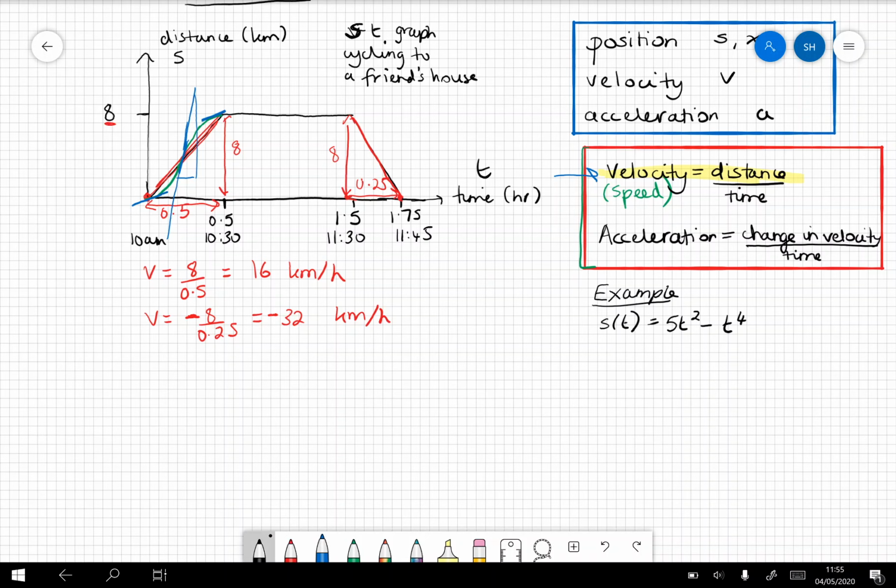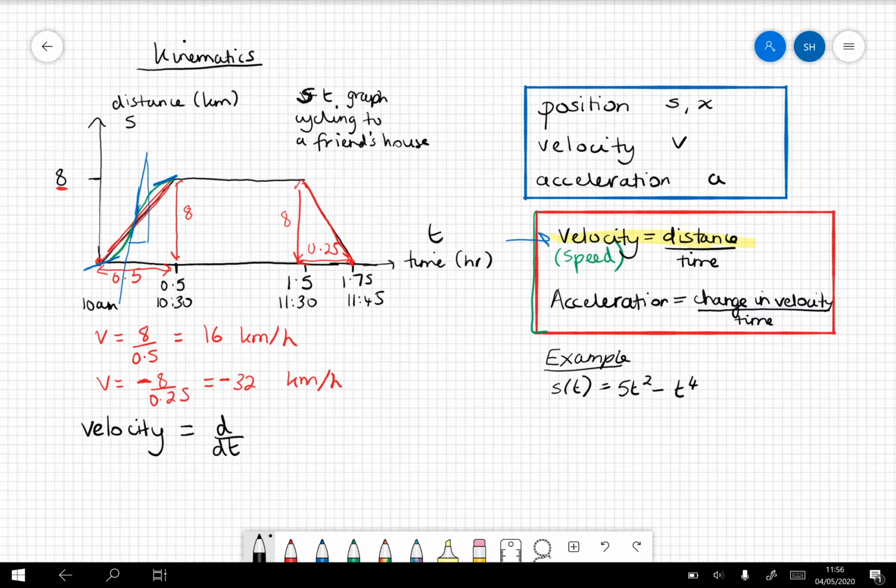Because now, instead of saying velocity is distance over time, what we can say is the velocity is the gradient at any point, and the gradient at any point is a derivative. So we want the derivative. In this case, and throughout this chapter, we're generally going to use the letter S for position.